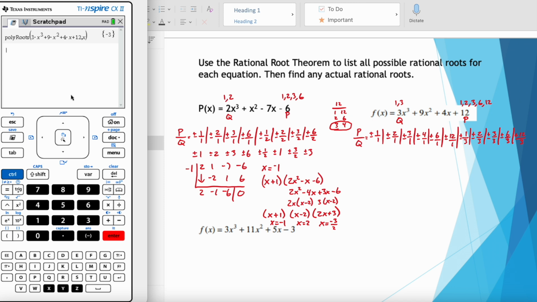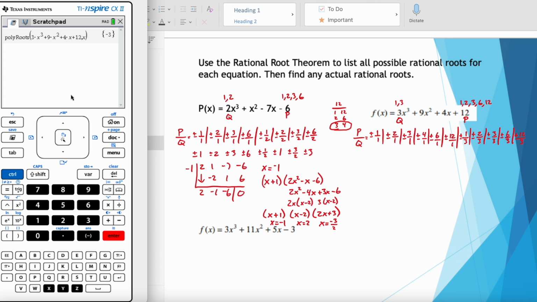In this case, we are seeing that the only possibility that works would be negative 3. Now, even though negative 3 is the only option that's truly being given to us, we also have to keep in mind that we were looking at real numbers. So let's take a look at our options once again.